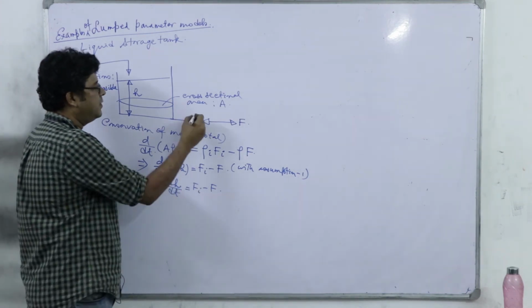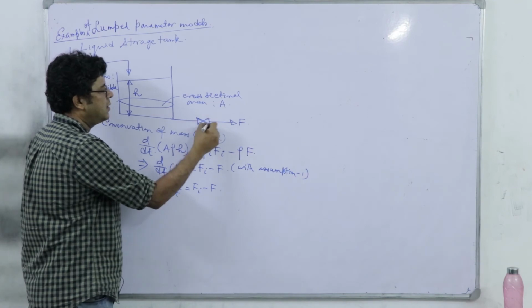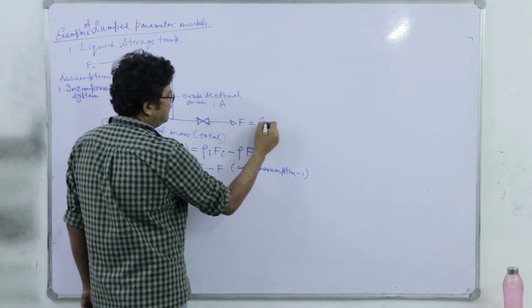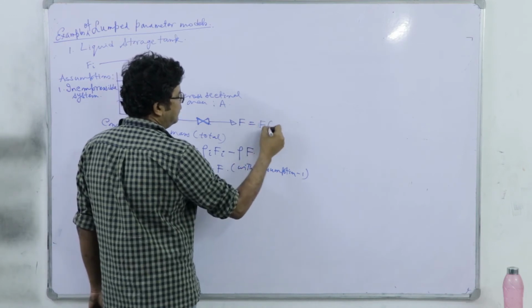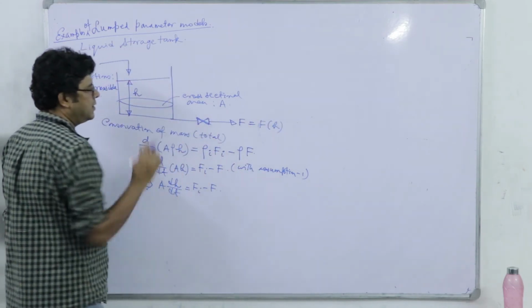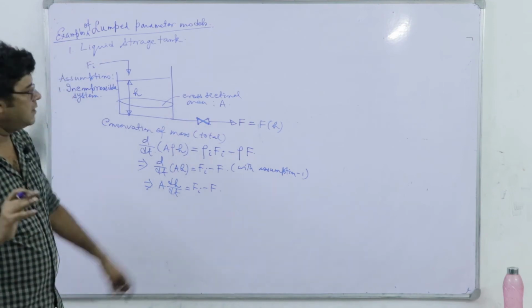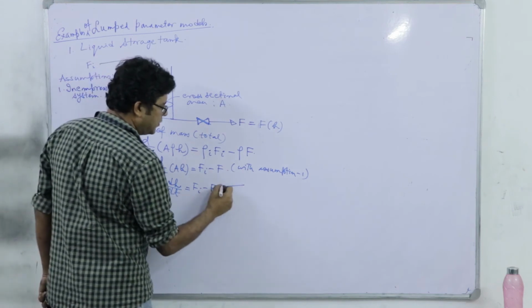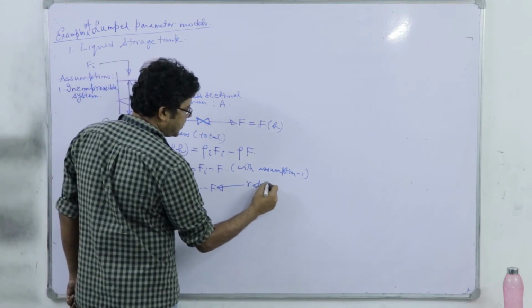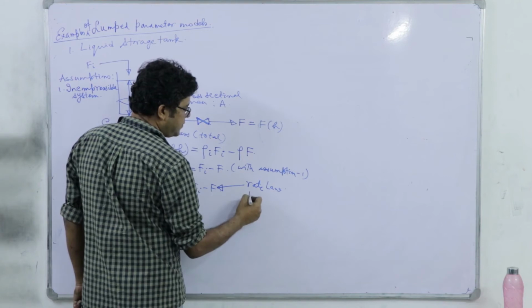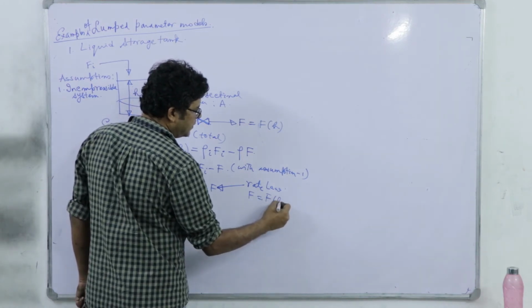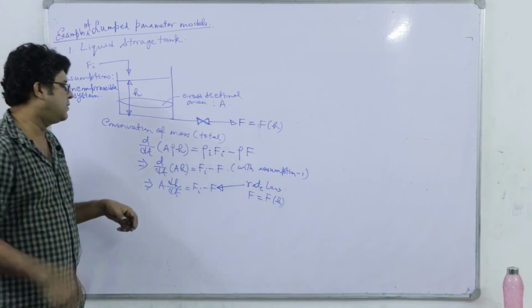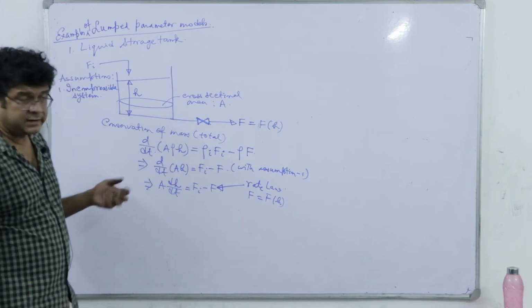Now F is a function of level. We have adjusted the valve and F is a function of level. So here we have to use the rate law, which is F is a function of H. So we can think of how to get the rate law.